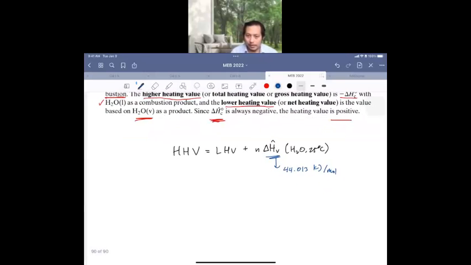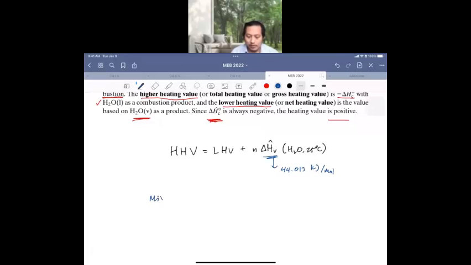And if we have a mix of combustible substances, the heating value is going to be separated into components.